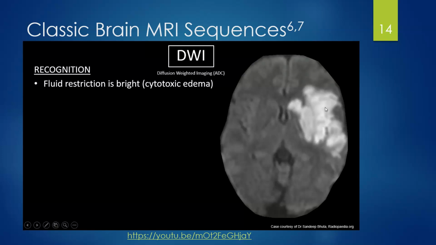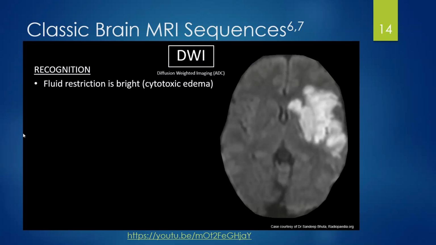And what do I mean when we're talking about fluid restriction and diffusion? Well, DWI is basically measuring the Brownian motion of water molecules, and it's helpful to think of only the water molecules in the extracellular space. So what happens when we have an area of ischemia, the cells in that affected area are going to start swelling. That's cytotoxic edema.